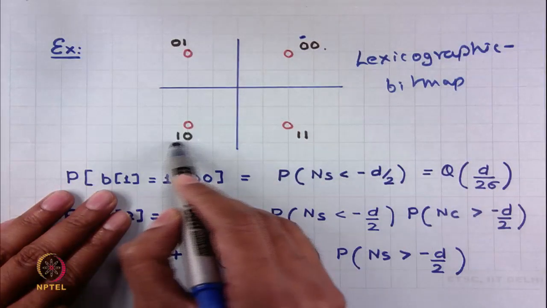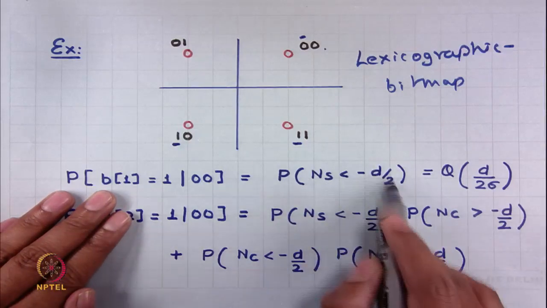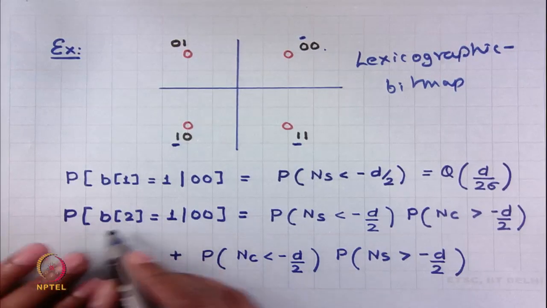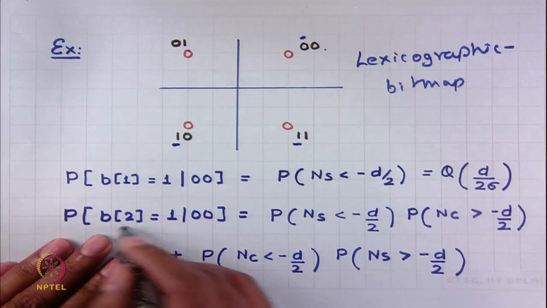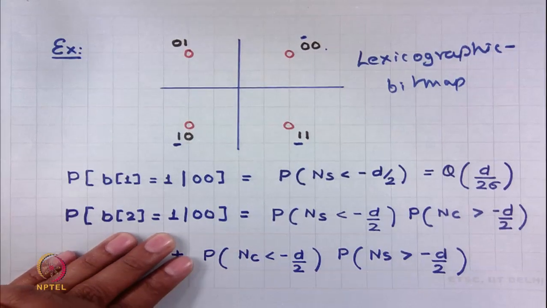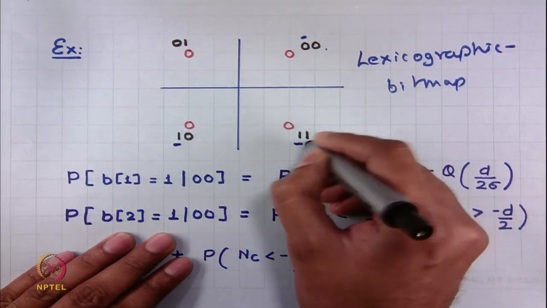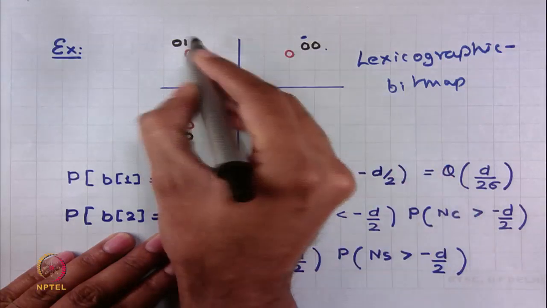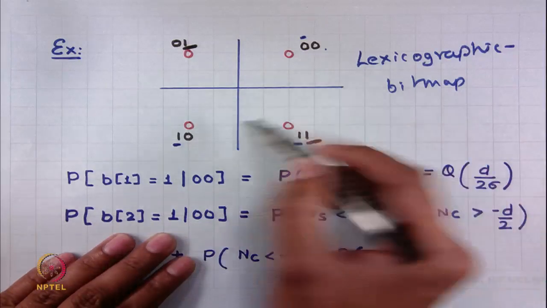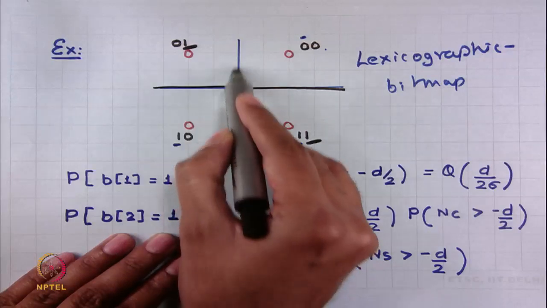Either you have 1 here or 1 here, and this will happen when NS is less than minus d by 2. This is simply Q of d by 2 sigma. Then we have to find the probability that bit 2 is 1 given that you have transmitted 00. And when will this happen? This will happen when either you have this or you have this situation. So, either your received value lies in the 4th quadrant or it lies in the 2nd quadrant.